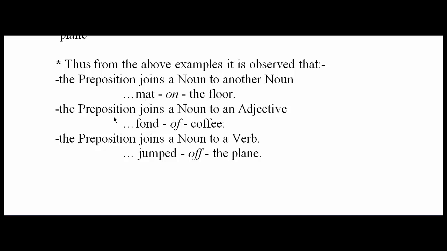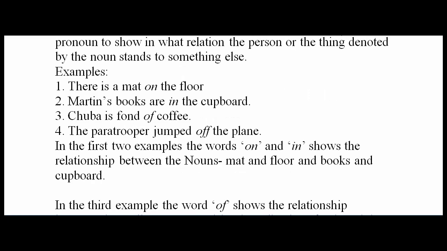In the third example, the preposition of joins the noun coffee to an adjective form. If you take a look at the example again, Chuba is fond of coffee. Here the preposition of joins the adjective fond to an object which is a noun, coffee.